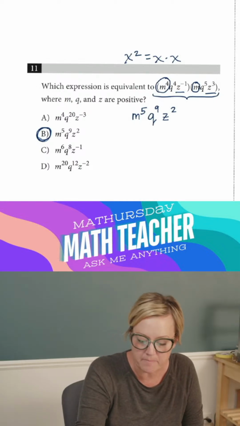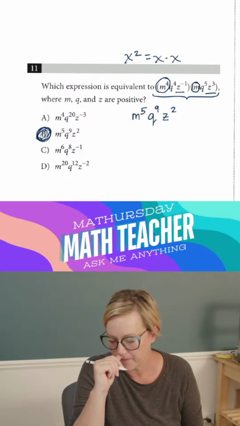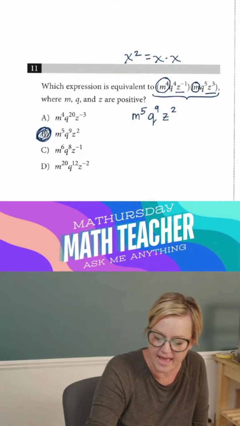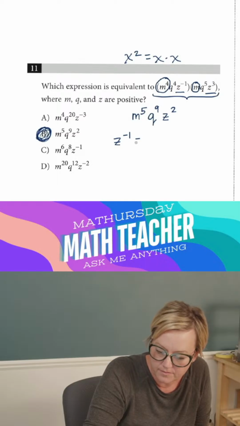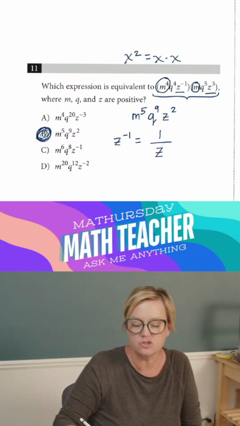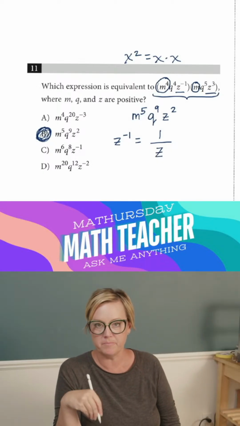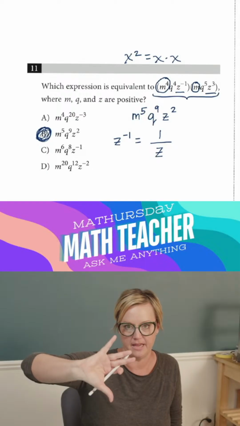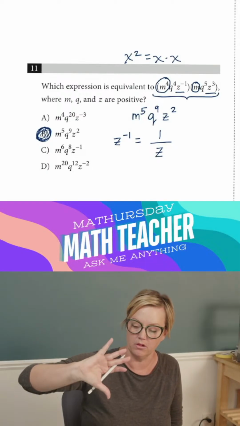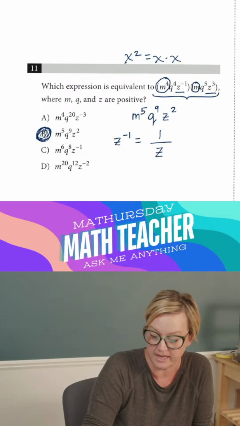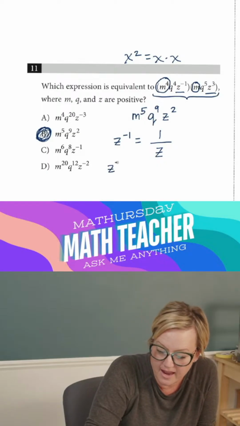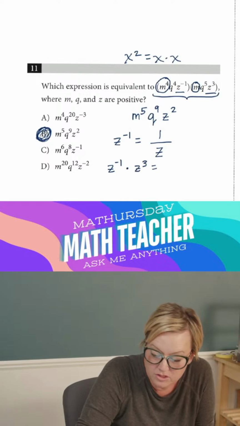So the answer would be B. Now one note is that a negative power kind of flips it, so it makes it the reciprocal. So z to the -1 is actually 1 over z. So if I've got z to the -1 times z to the 3rd, I could also think about this differently.